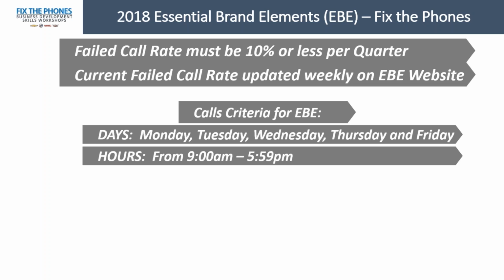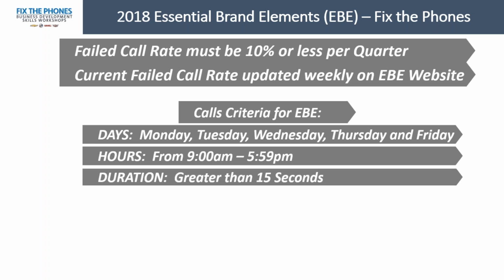So the intent was to go from 9 a.m. to 6 p.m., but each hour that you click on it adds an additional 59 minutes. So the accountable hours are 9 a.m. to 5:59 p.m. The duration: only calls greater than 15 seconds will count.